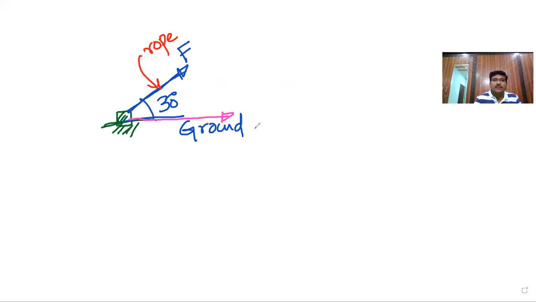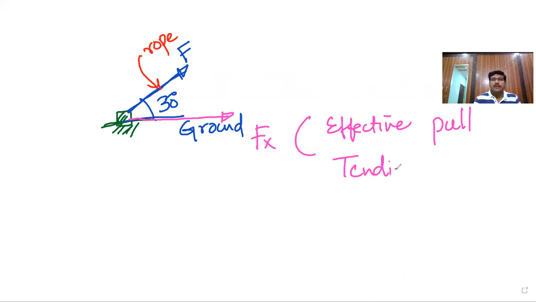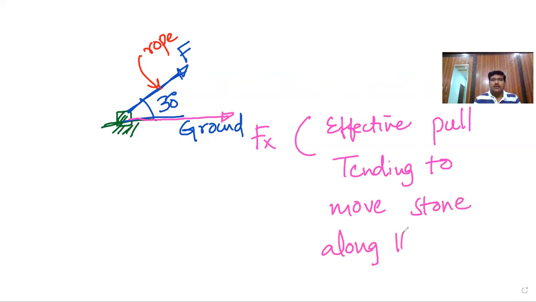I am denoting its component along the horizontal direction as Fx. That means here I am clearly writing, effective pull tending to move the stone along the ground.